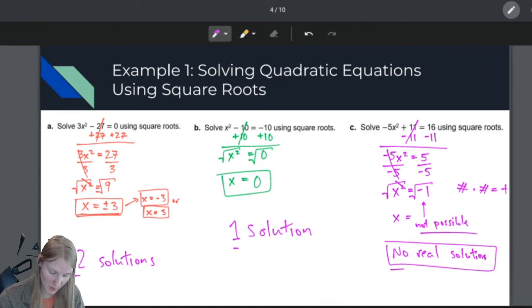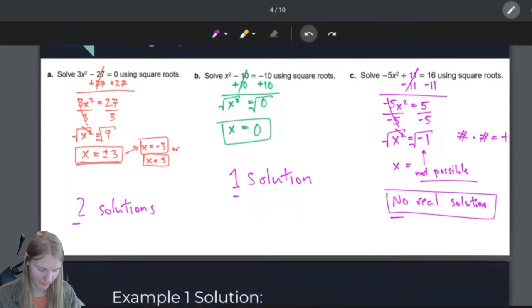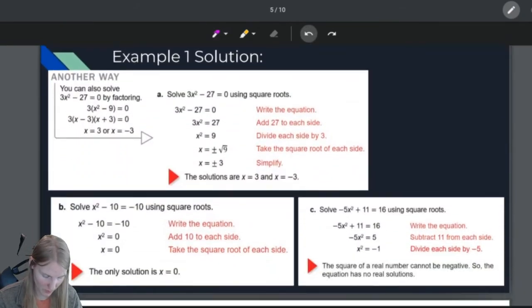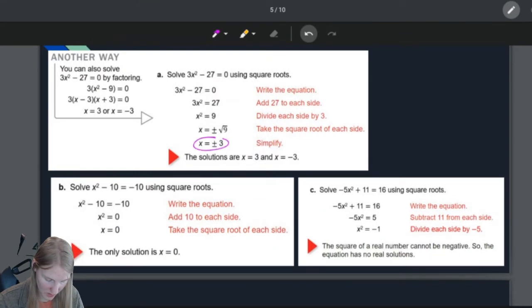The only time you have 1 solution is when we get it equal to 0. As long as that number is positive, we have 2 solutions. And if this number is negative, then we have no solution. Let's check and see if we were right. Plus or minus 3, x equals 3, x equals negative 3, x equals 0, and no real solutions. Boom. Okay.